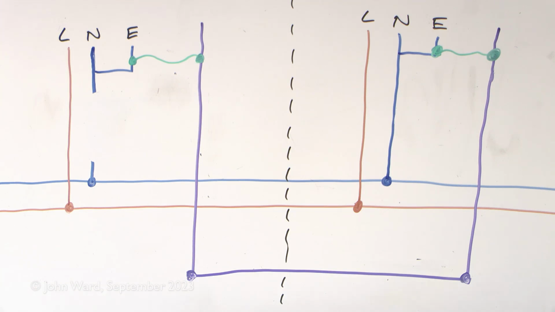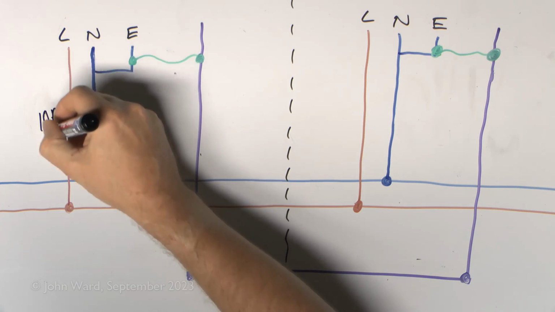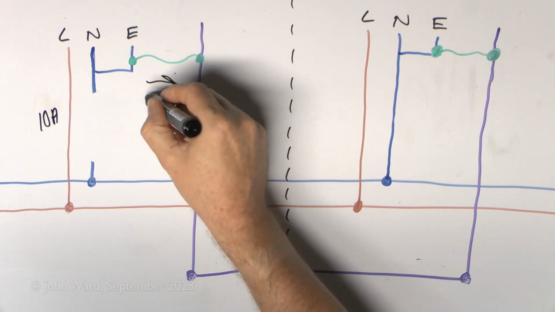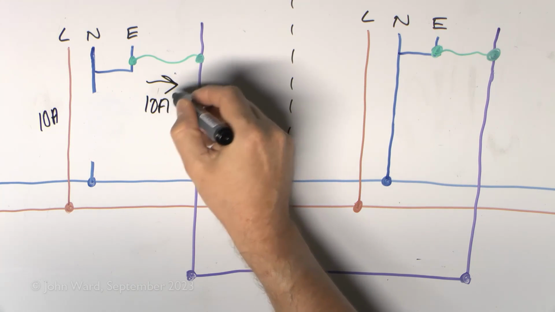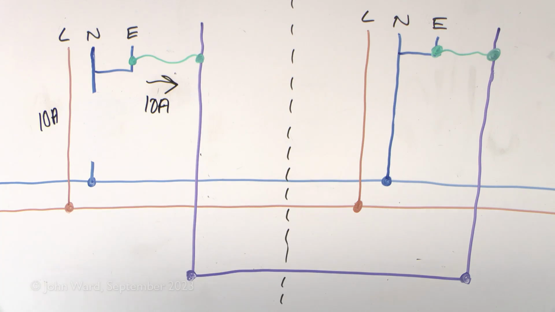However, in this case, everything in this installation is going to carry on working just fine. And the reason is that, say we had our 10 amps coming in here like we had earlier, the 10 amps now is going to be going here. Can't be going here because obviously this is an open conductor. Bearing in mind this will be outside in the street underground where nobody would have seen it.